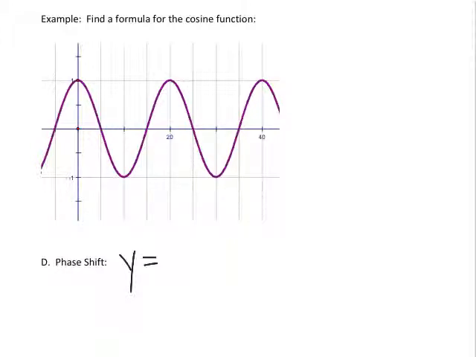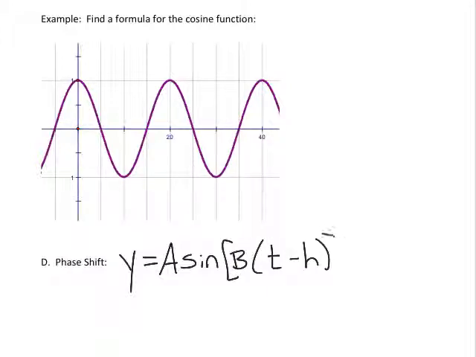If it's a sine function, I have an amplitude and then the sine of my b coefficient, and the phase shift is going to be any horizontal shift you have, minus h. Again, it's counterintuitive, but this tells me that my whole thing is going to shift by h units to the right.